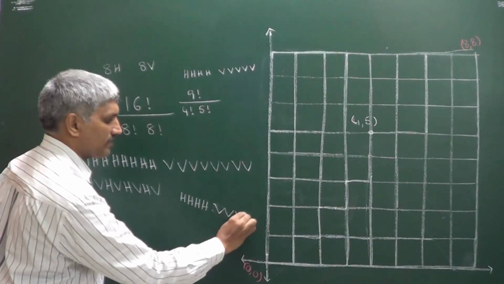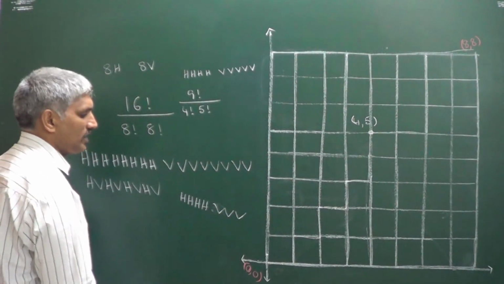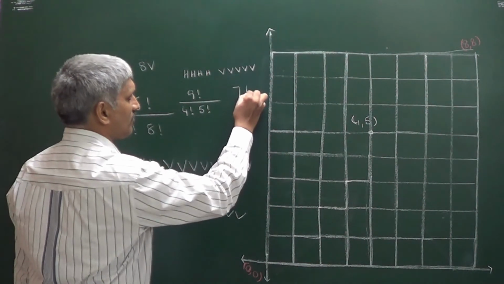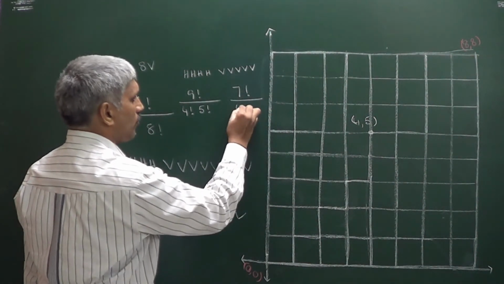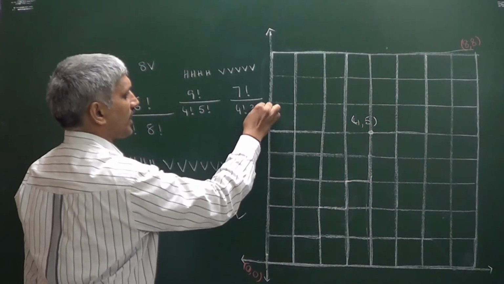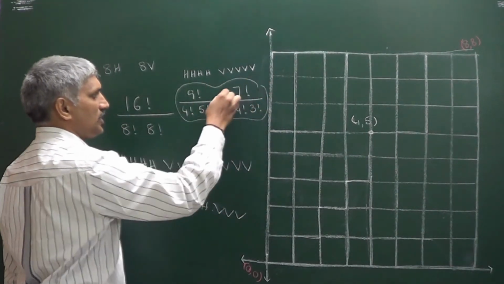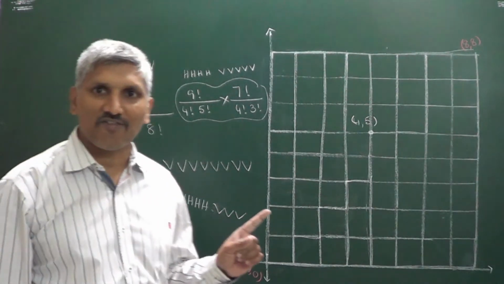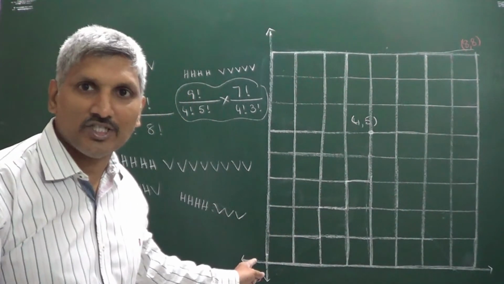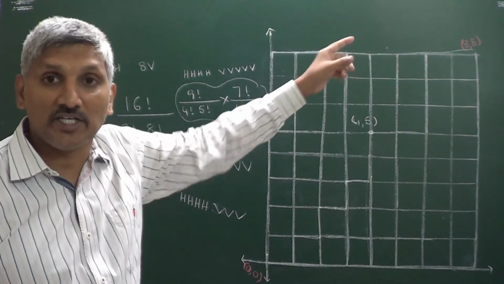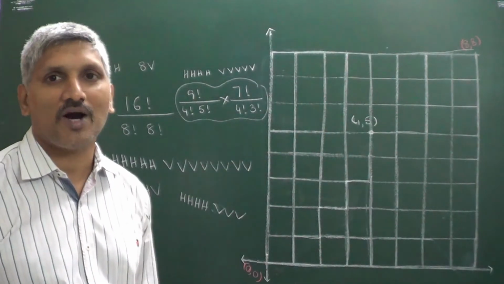So in how many ways can he travel? Total 7 steps: 7 factorial divided by 4 factorial into 3 factorial. So these many ways he can travel from 0, 0 to 8, 8 through 4, 5.